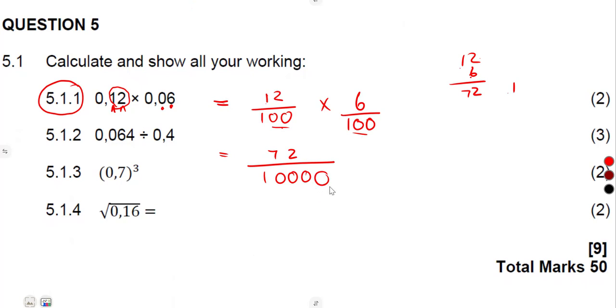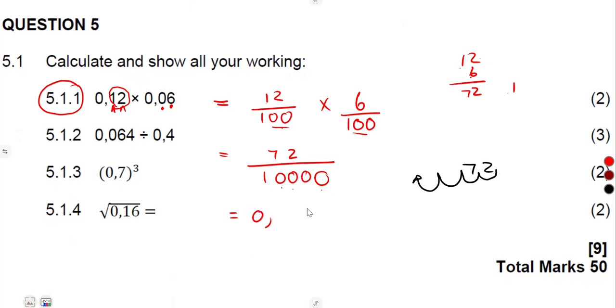And as a decimal, 72 divided by 10,000. You can simply move the comma to the left. Division, you simply move the comma to the left like this. 1, 2, 3, 4. The number of zeros that you have, 4 of them. So that's our comma here.